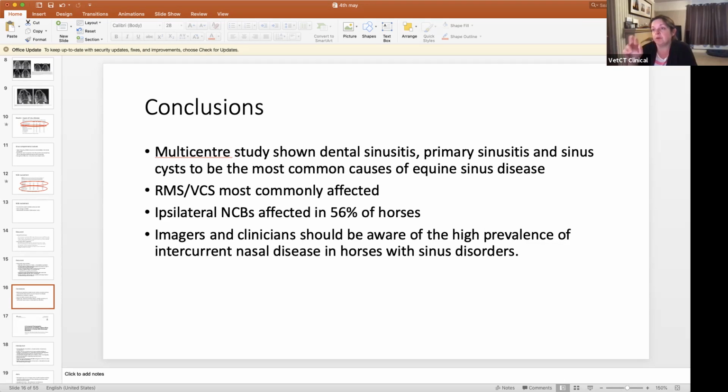Yeah, and I'd be interested in what their criteria was for definitively saying dental, because having worked certainly with the Edinburgh team, they often will identify a tooth that's maybe equivocal, that maybe is showing early signs, that they will then sit on and re-examine, treat as a primary sinusitis and see what happens. So I don't know whether some of those horses with very low grade dental changes would be treated as a primary sinusitis, and then if it doesn't recur, it goes in the primary sinusitis box.